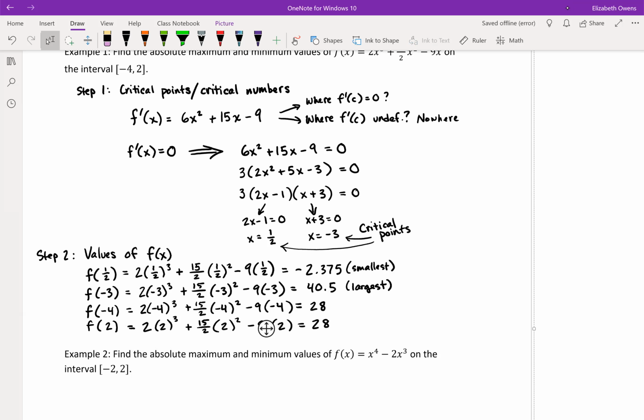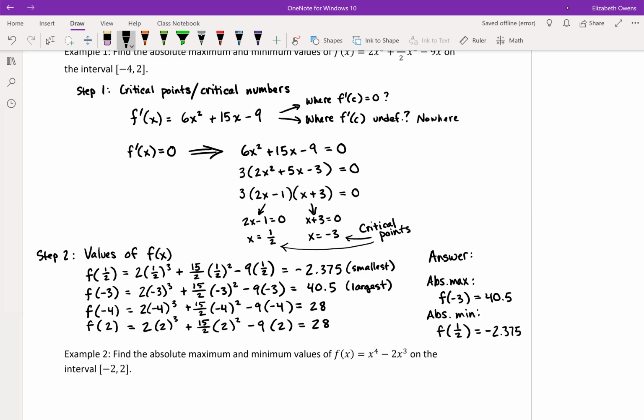So we would conclude for our answer here that the absolute maximum value is f of -3, which equals 40.5. And the absolute minimum value is f of 1/2, which was -2.375. Okay, and so that would be our solution for this.